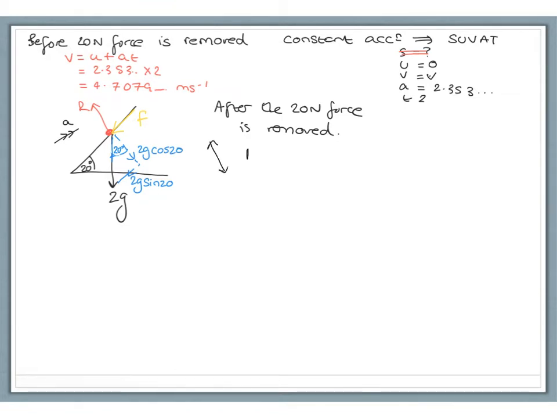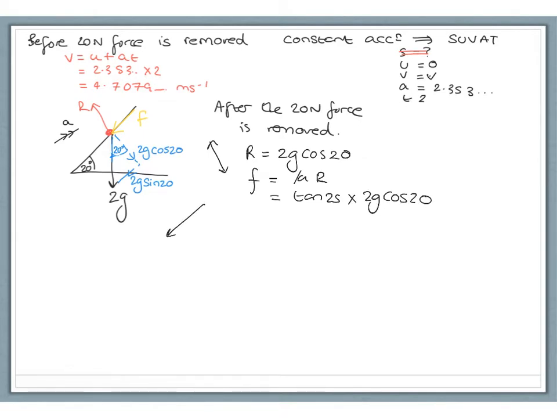Again, the forces are balanced perpendicular to the slope, so R equals 2g cos 20. So F is equal to mu R, which is equal to tan 25 multiplied by 2g cos 20.